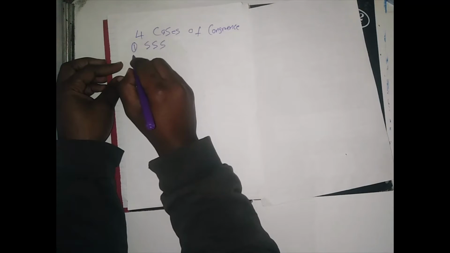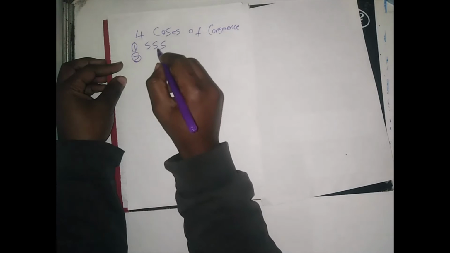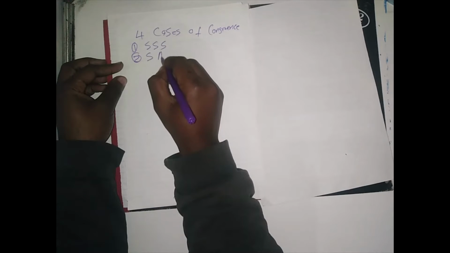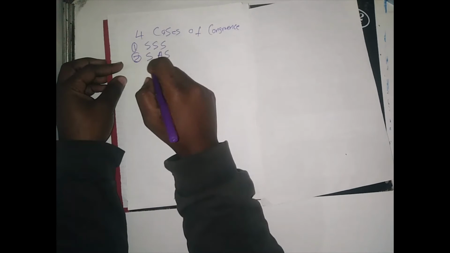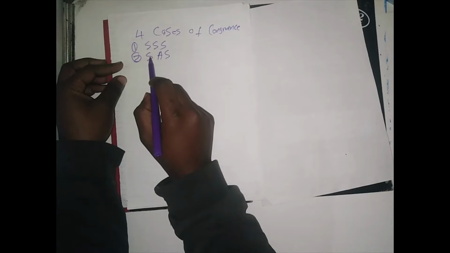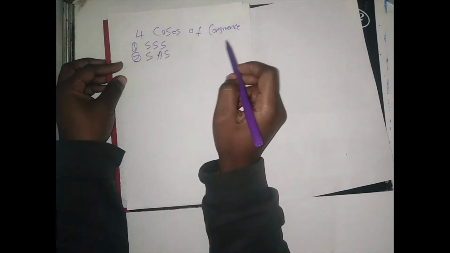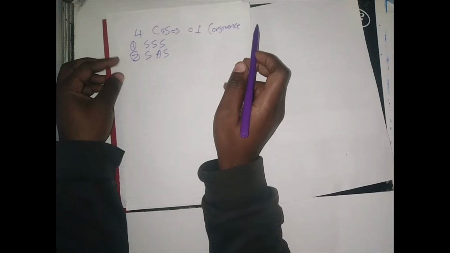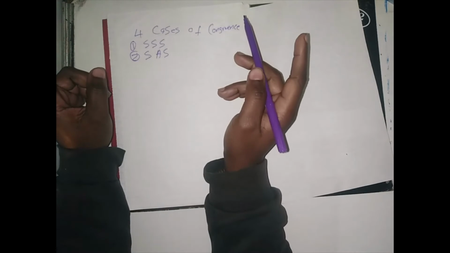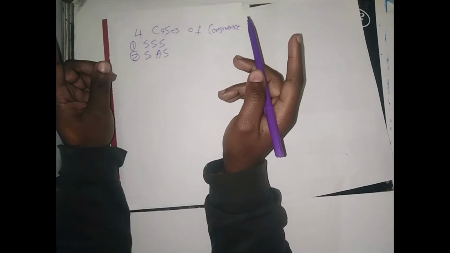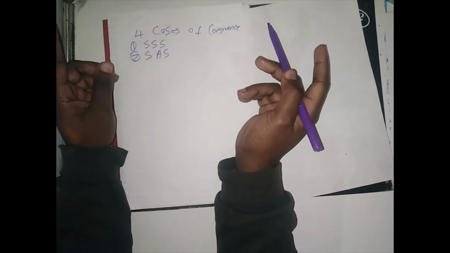Now the second case of congruence that we're going to deal with, number 2, is side, angle, side. So you must find a side that is equal to another side of another triangle. Remember, you've got two triangles, and you want to show that this triangle is congruent to this triangle.